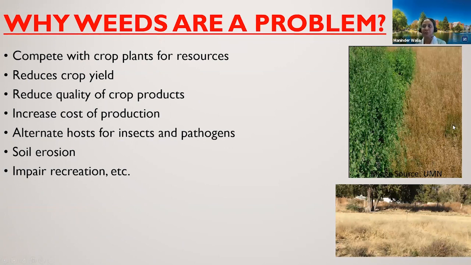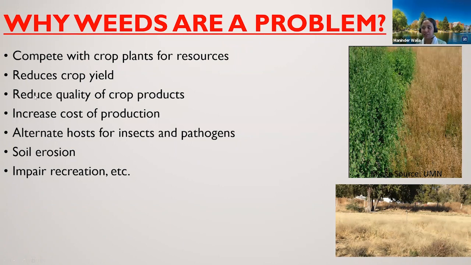Okay, so now we know weeds and their characteristics. Weeds are very competitive, as we all know, and they compete with crop plants for valuable resources such as light, nutrients, water, and space. They can reduce crop yields or quality, especially if the crop seeds get contaminated with weed seeds.